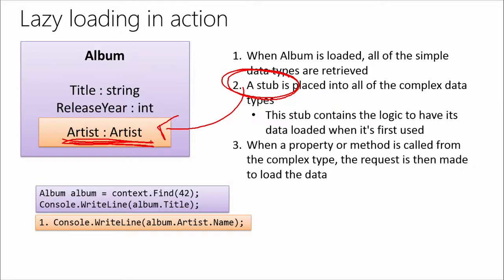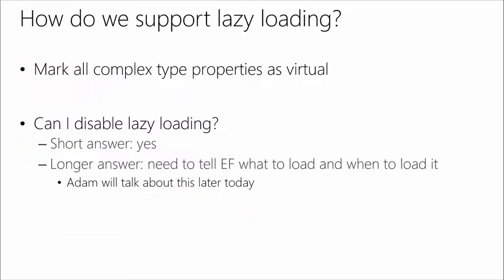It's the artist formerly named artist, a little 80s joke for you. It's not really an artist. It's not actually an object. It's a stub that Entity Framework is going to be keeping an eye on. The only way that it can inject that in there is if we allow it to replace artist with its own object. And the way that we do that is by marking that as virtual.